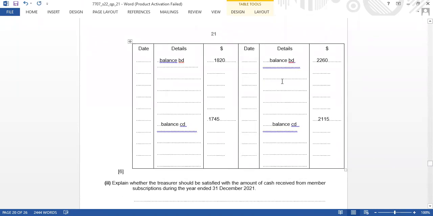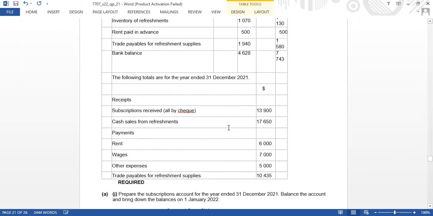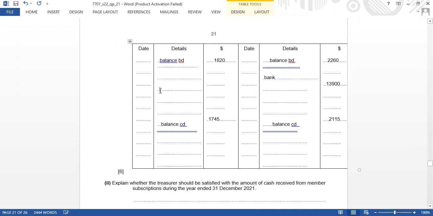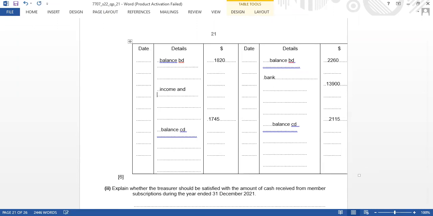Subscription received, we'll write bank over here. Any other? No, there is no other entry. So we'll close our account by income and expenditure.